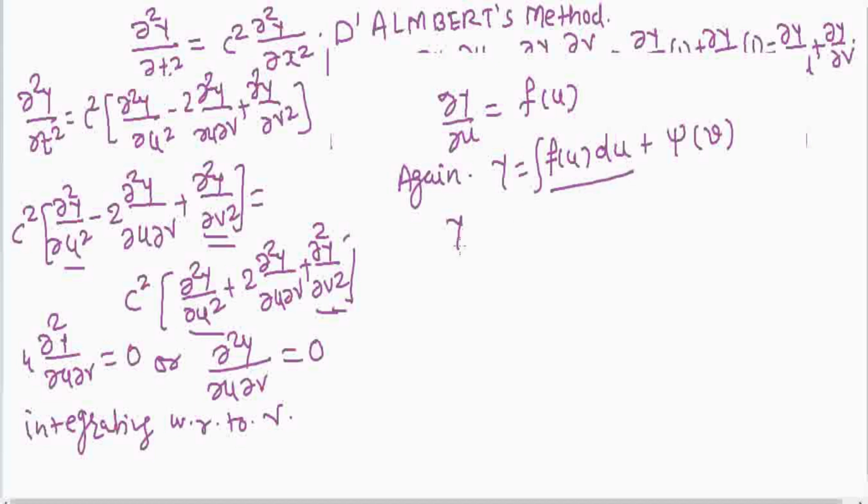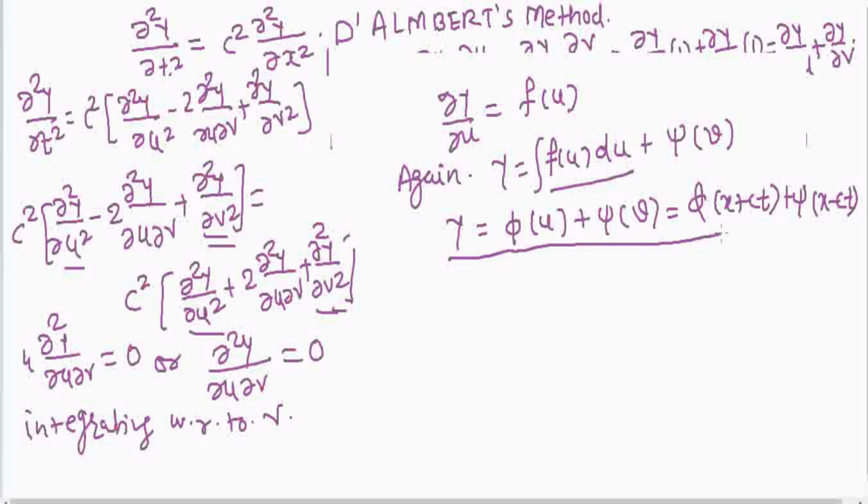So let us take another function, phi(u) plus psi(v), and u means x plus ct, plus psi of x minus ct, and this solution is called D'Alembert's solution.